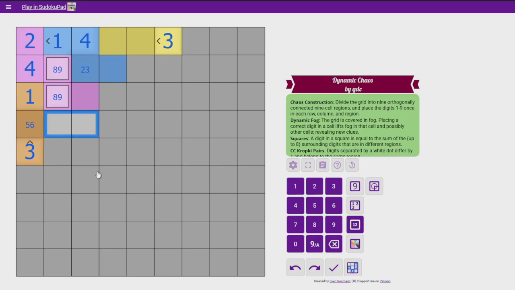Now, does that mean these both have to be purple? One of them definitely has to be. The other, maybe not. If that was a different color, if that was like green, that could be a 1, with that being a 2, and that being a 5. No, but if that was the case, actually.